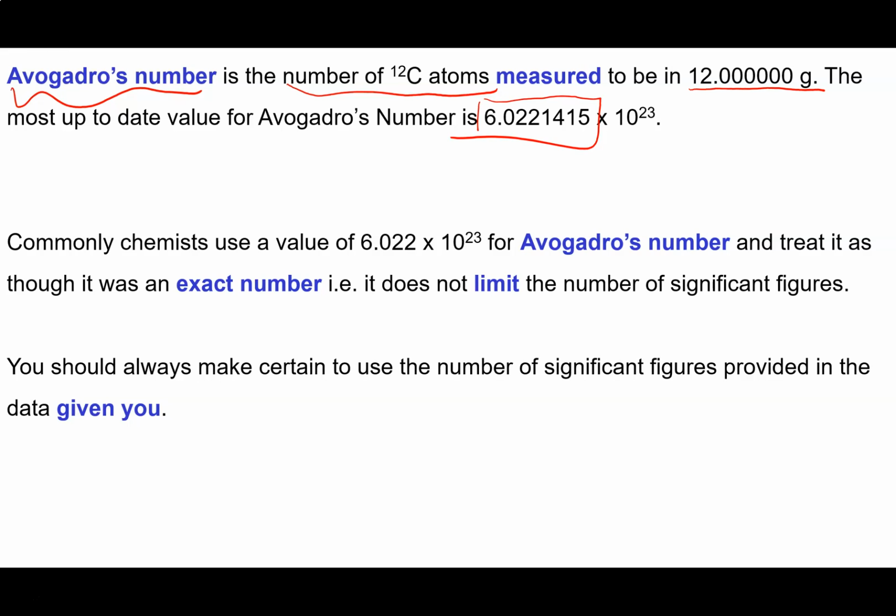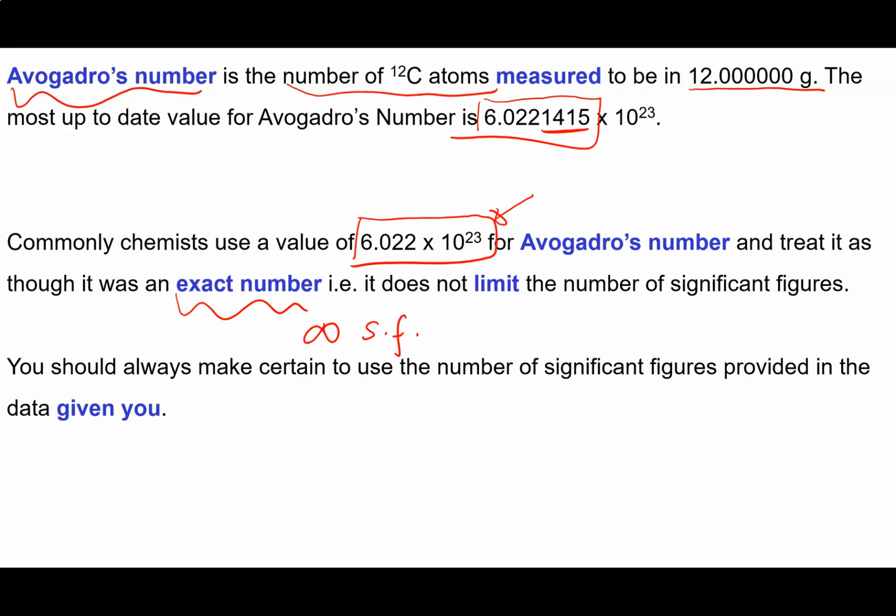Typically, chemists will use Avogadro's number rounded off to 4 significant figures, but they will treat it as though it's an exact number. That is, they'll treat it as though it has infinite significant figures. That being said, while this is the most common value that you see people using every day, the important thing for you is not to fret about memorizing this all the way out to 8 significant figures, but rather just to make sure that you always use the value given in the data sheet that you've got.